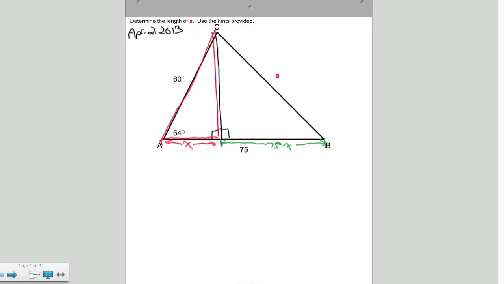Well, for this one there's the 60. Like if you did sine law like ABC again, but with just a smaller triangle, you can do 60 over sine 90. Let's say B is the 90-degree angle.